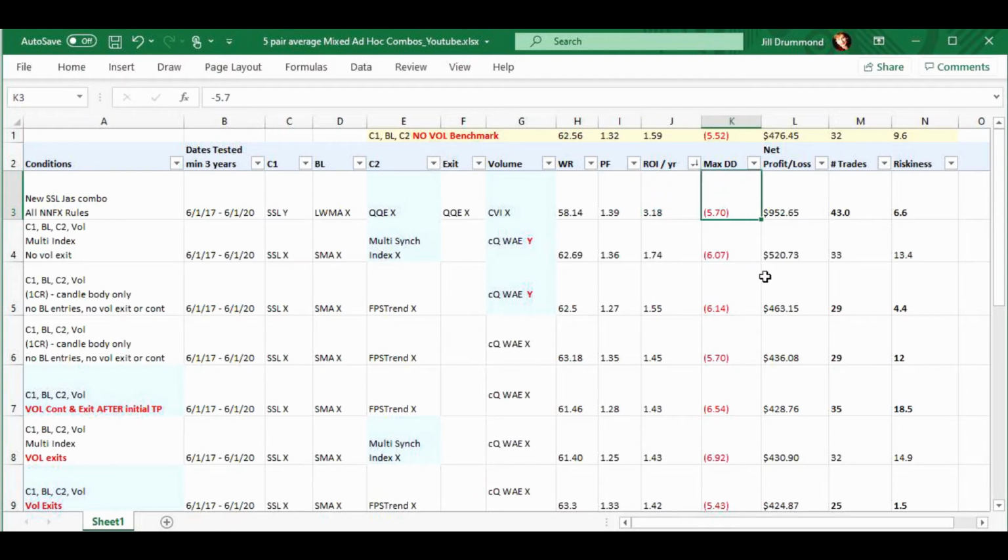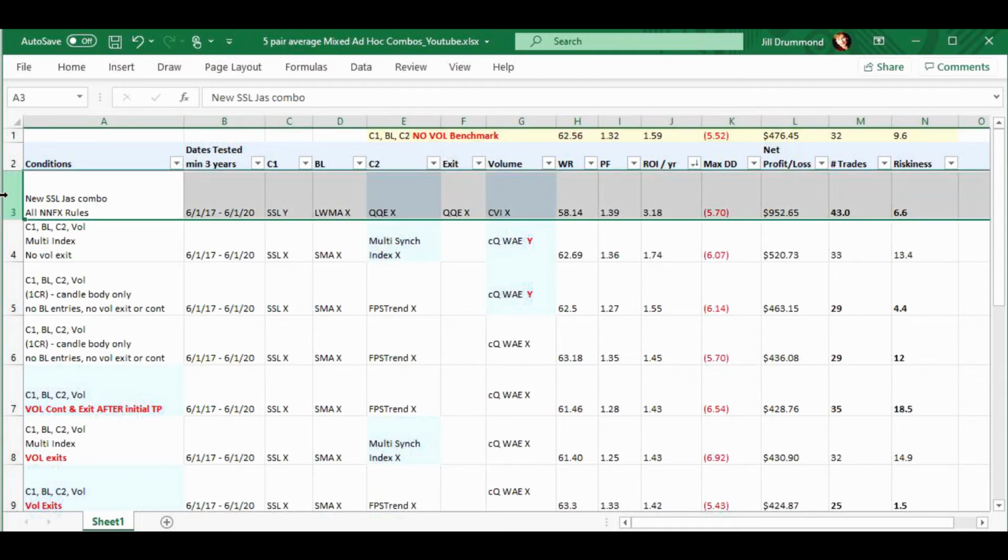Maximum drawdown's not too bad, but look at the difference in the net profit and loss. And there's more trades, 43, and the riskiness factor went down. So after doing all of this and mashing, I finally said, okay, I am going to forward test this one.